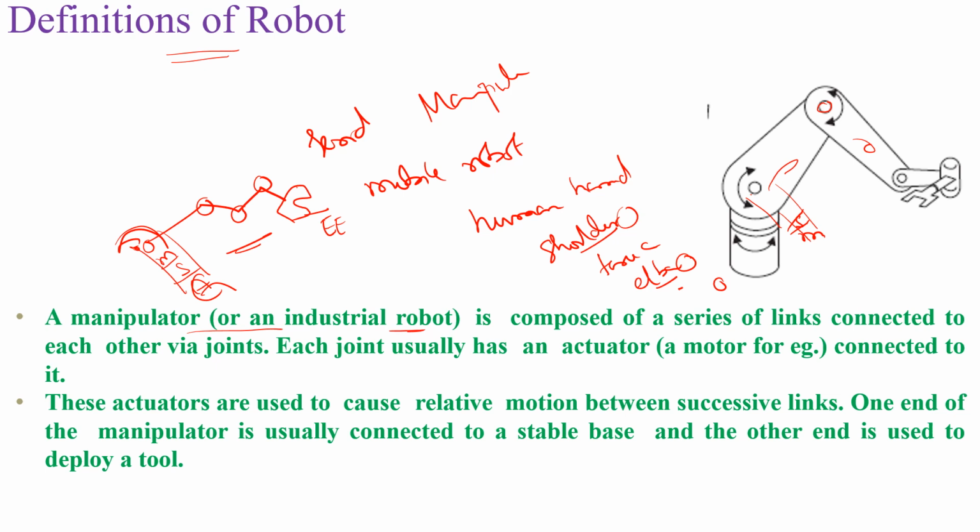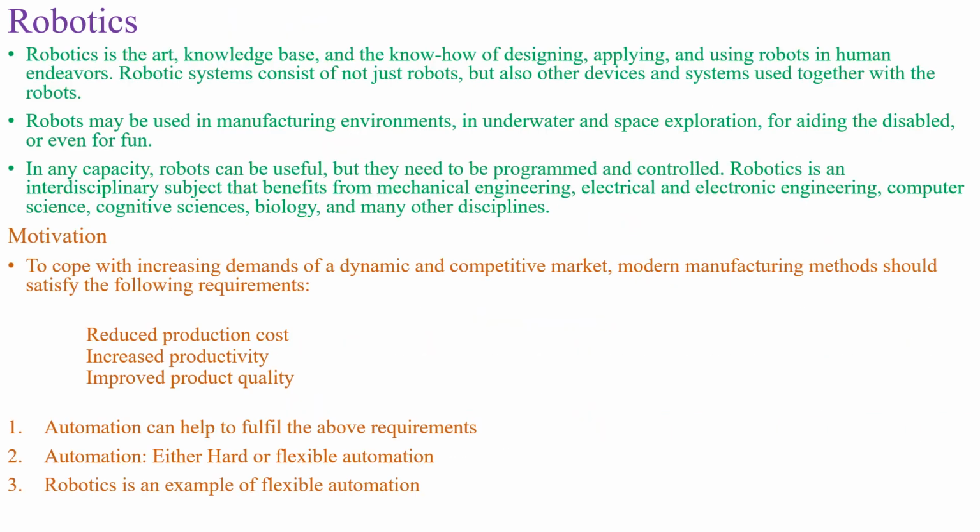The actuators are used to cause motion between successive links. One end of the manipulator is usually connected to a stable base, and the other end is used to deploy a tool. In that you can give a pen to write, or you can make a robot grip something and leave it somewhere. So these are the definitions of a robot, and we'll see what robotics is.